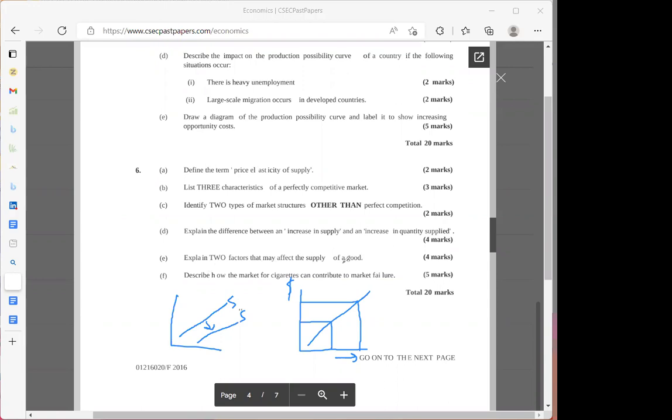Explain two factors that may affect the supply of a good. Two factors that affect the supply of a good. Two factors that increase the supply of a good. I'd like you to know the things that I explain, but yes, your points are correct.